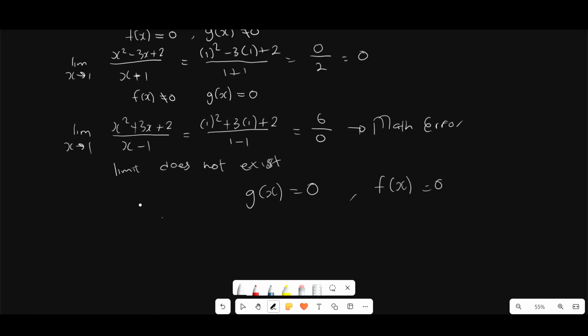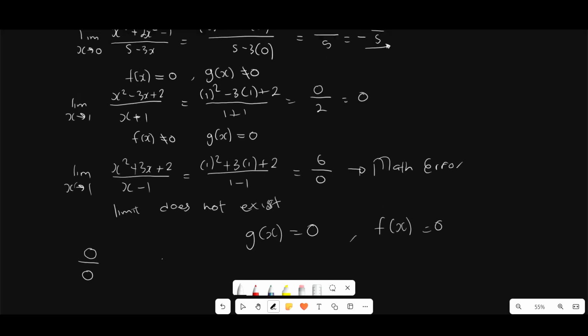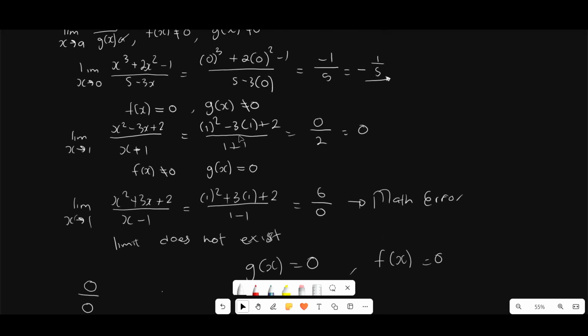Because if you want to know whether you should factorize or not, then when you substitute your value into the function, you should get 0 on top and 0 at the bottom, which is what we're going to look at on our next video. So this is what we call the indeterminate form, right? You will look at it on our next video, but for now, just look at the easy limits.